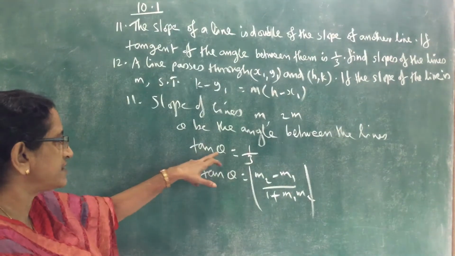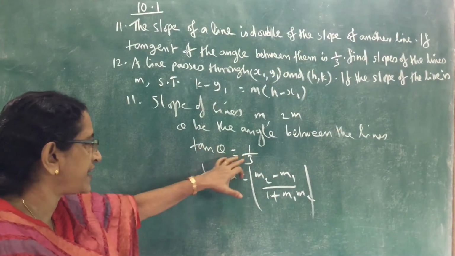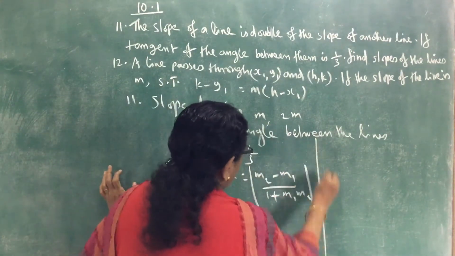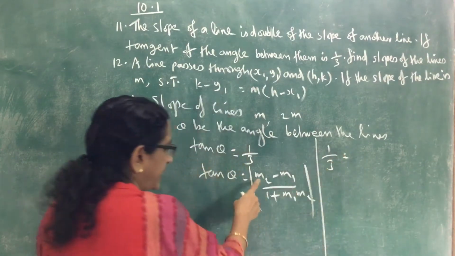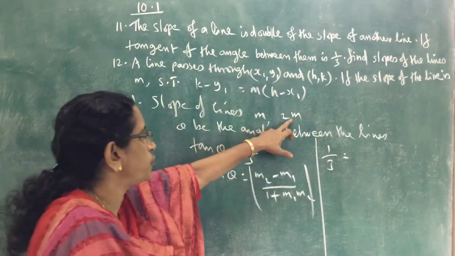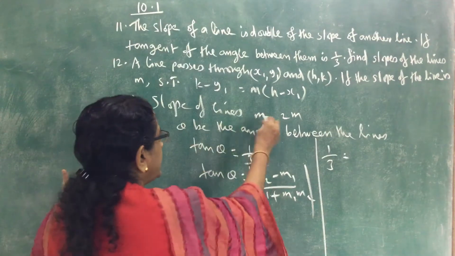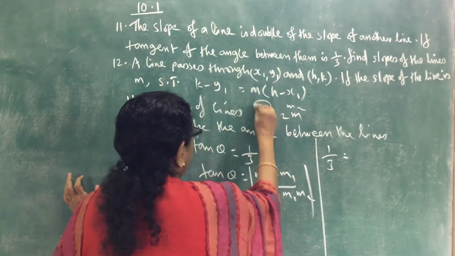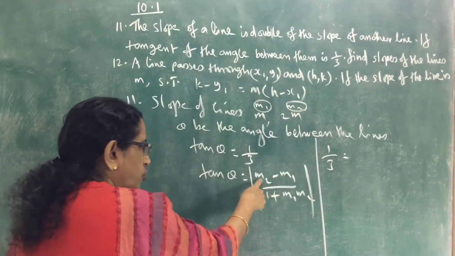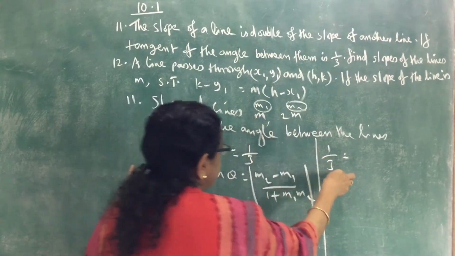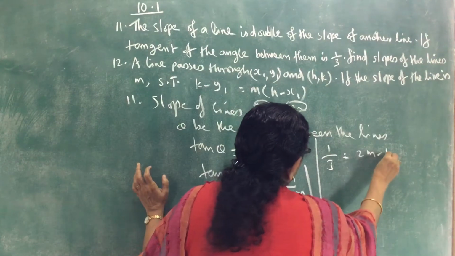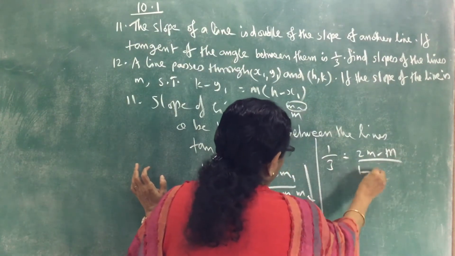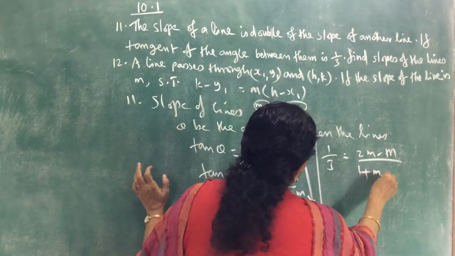Substituting tan theta equal to 1 by 3, we get 1 by 3 equals m2 minus m1, that is 2m minus m, where this is m1 and this is m2, divided by 1 plus m into 2m.